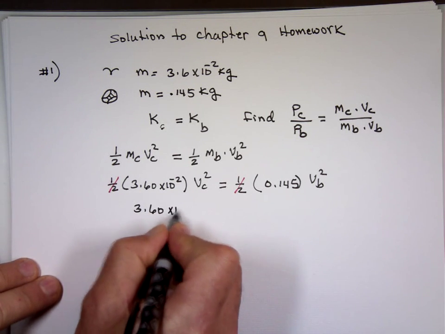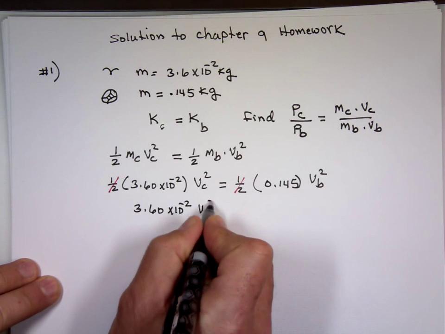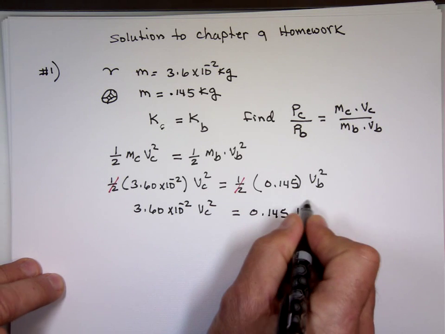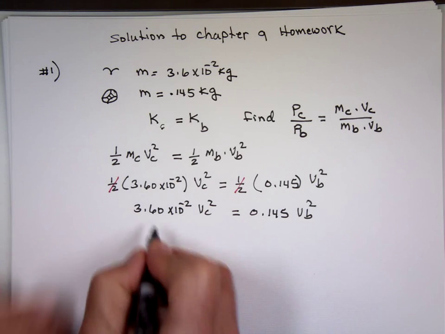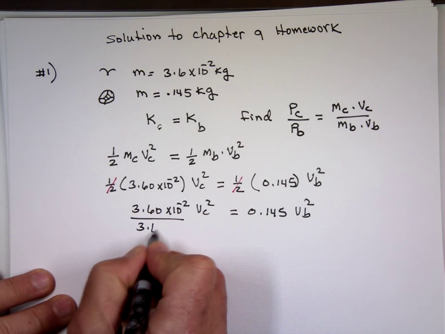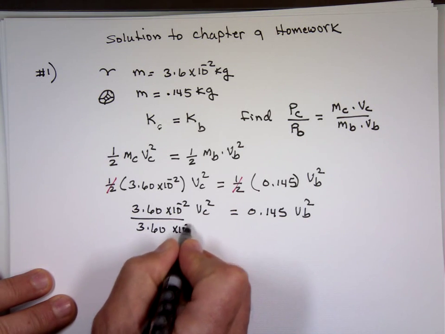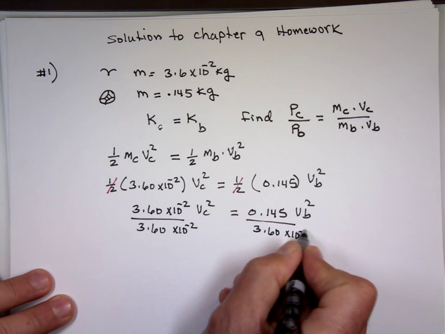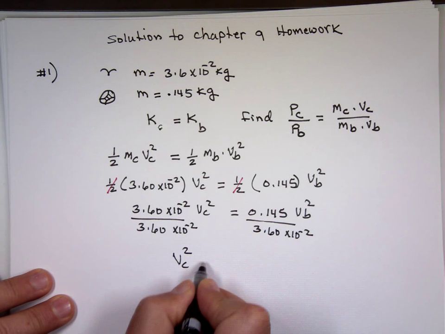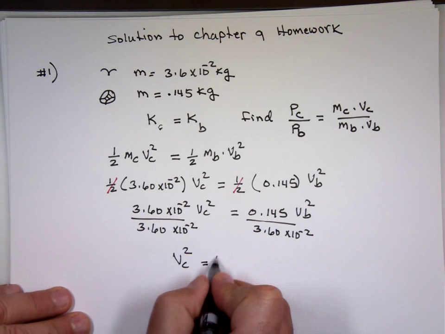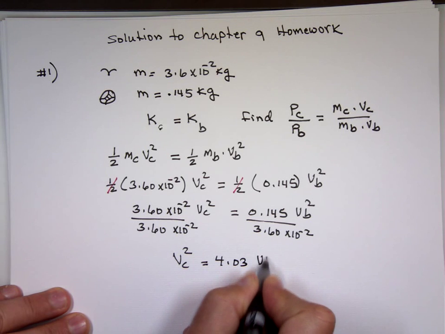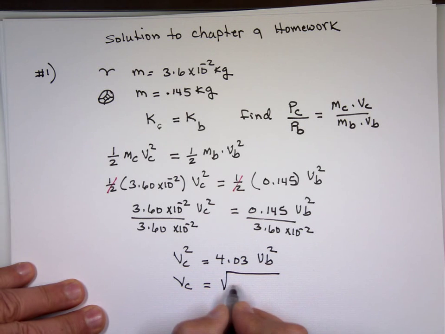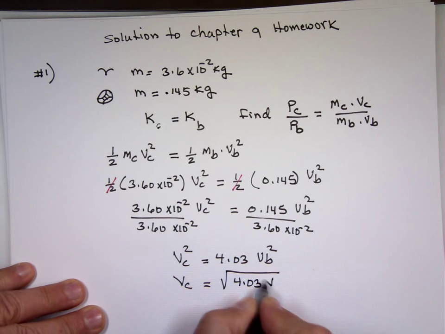3.60 times 10 to the negative 2 VC squared equals 0.145 VB squared. If you divide both sides by 3.60 times 10 to the negative 2, you'll have VC squared equals 4.03 VB squared, which means VC is going to be the square root of 4.03 VB squared.